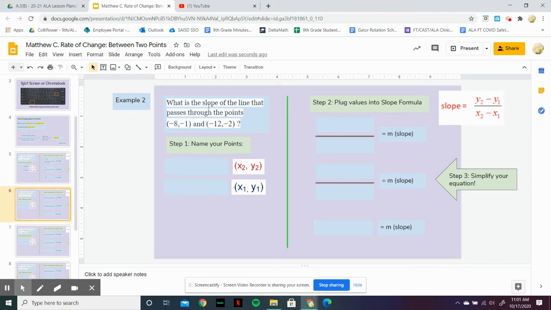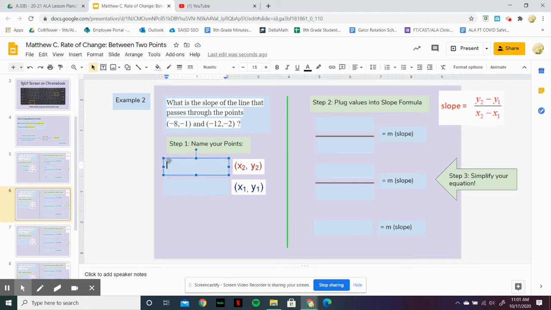Example 2 says, what is the slope of the line that passes through the points -8, -1, and -12, -2? So the first thing I'm going to do is name my points. I'm going to set -8, -1 equal to x2, y2.